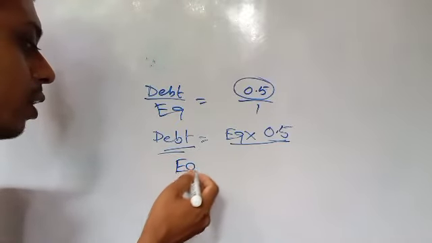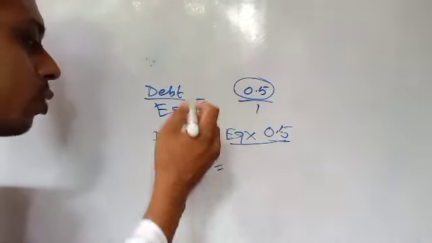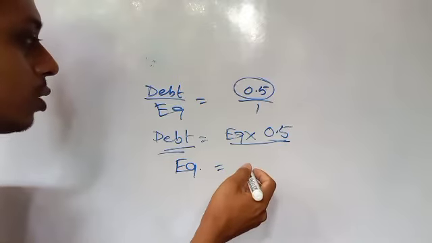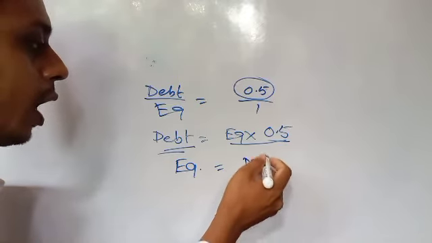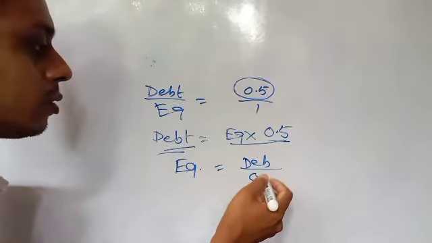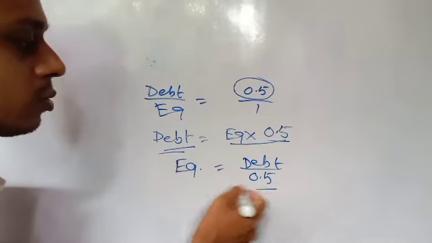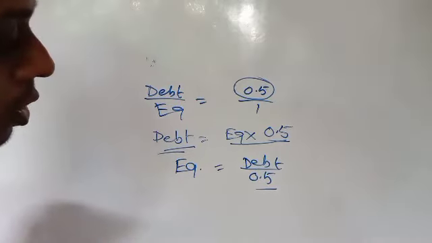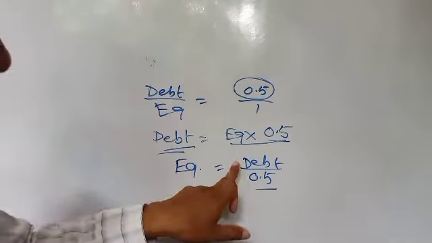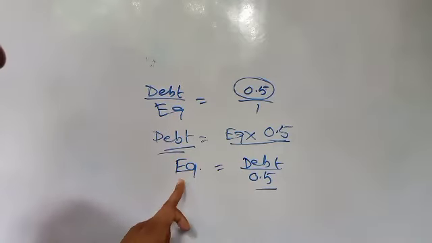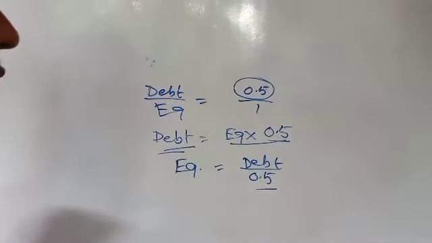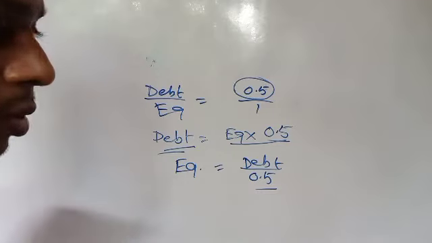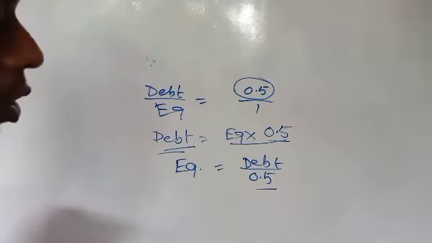Then how will you find out equity? Equity equal to debt by debt to equity ratio. Suppose debt is given, debt to equity ratio is given, you have to find out the equity. But you know the formula of equity, share capital plus reserve and surplus, or total asset minus total debt.